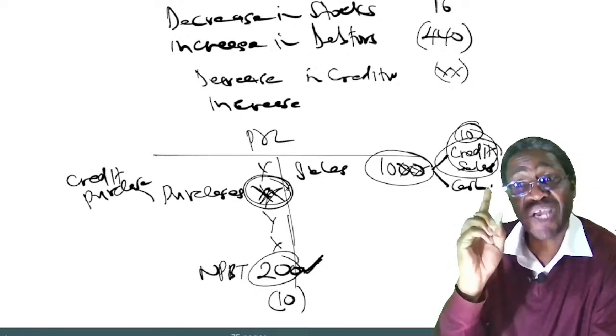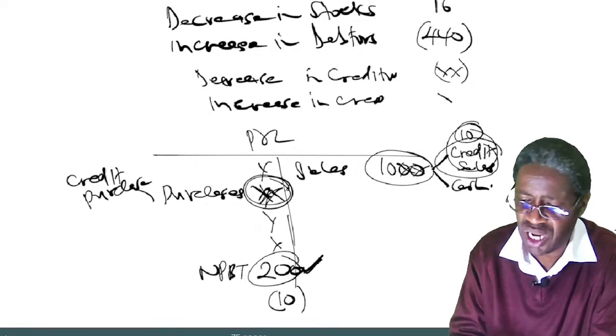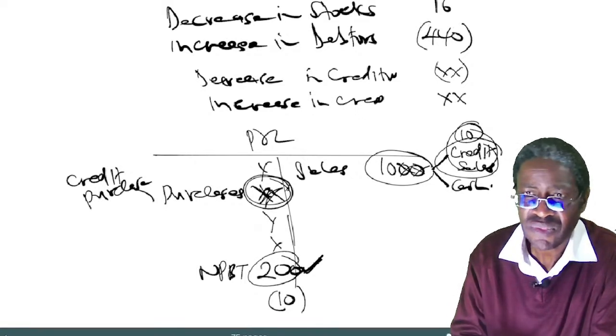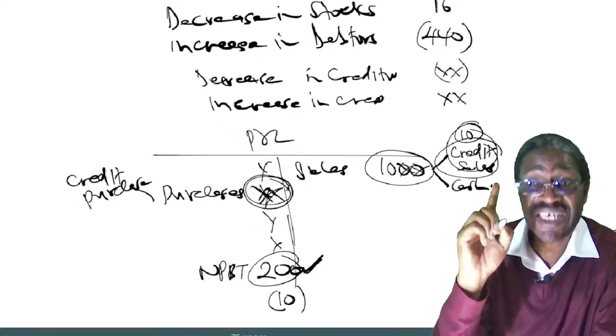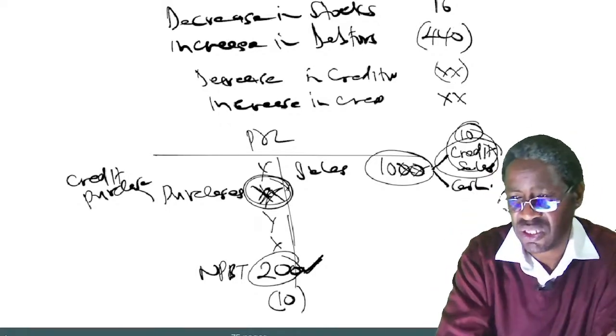So if we had an increase in creditors, I would say increase in creditors, I add, because the purchases include credit purchases.